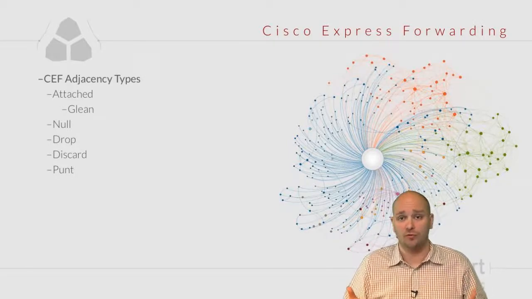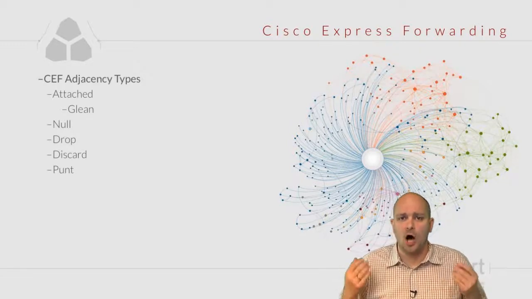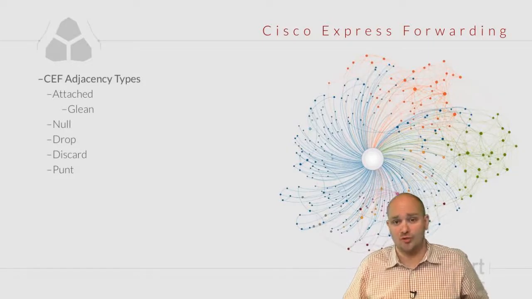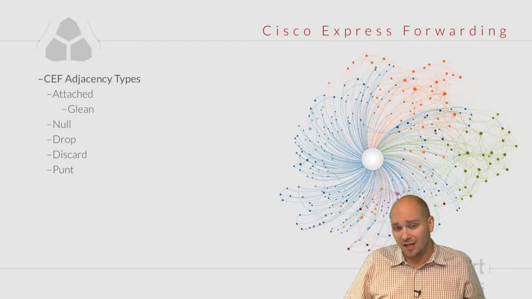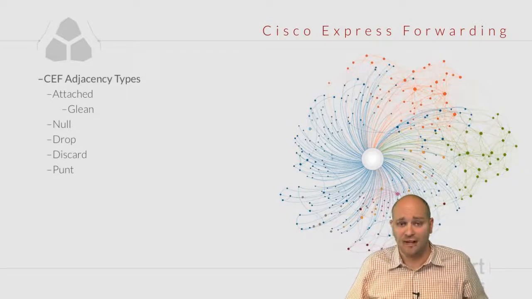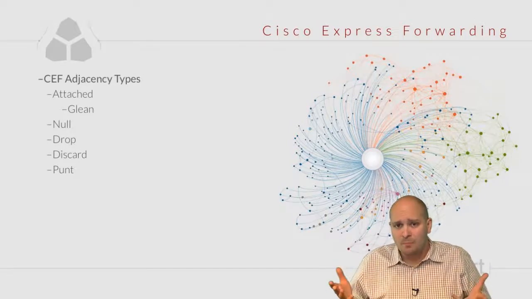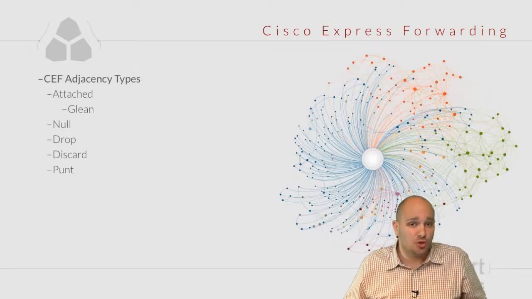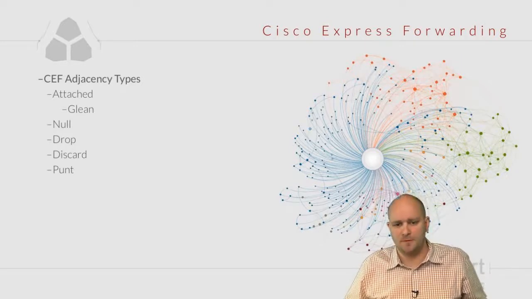We have the route for it, so we have an attached adjacency, but we don't have an ARP entry for the specific host that we are trying to send to. When a certain destination is in a glean adjacency, we unfortunately have to drop the traffic until that glean adjacency has been resolved. This happens relatively quickly, but this is the reason why we from time to time see a drop in our traffic. It's usually just one packet that gets dropped.